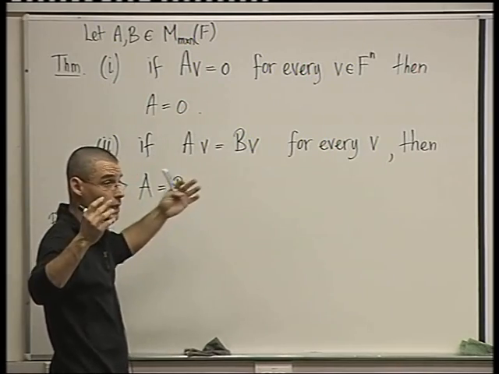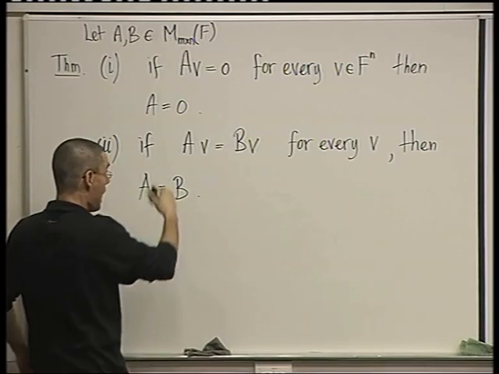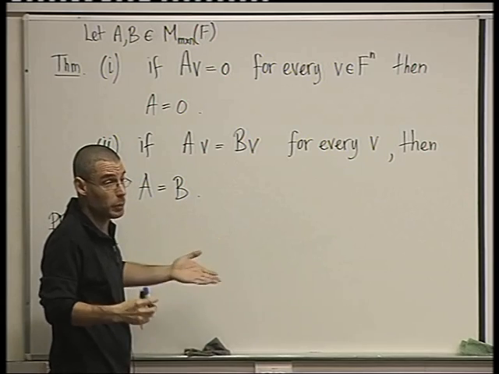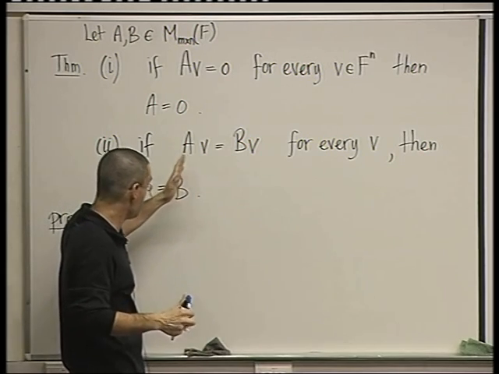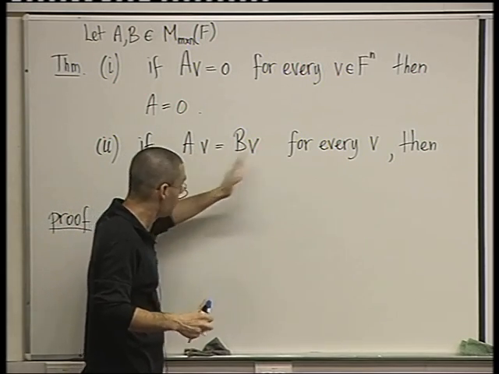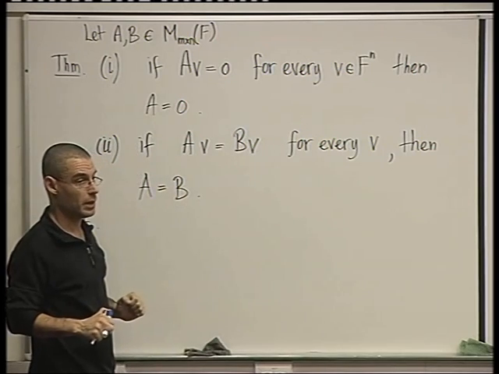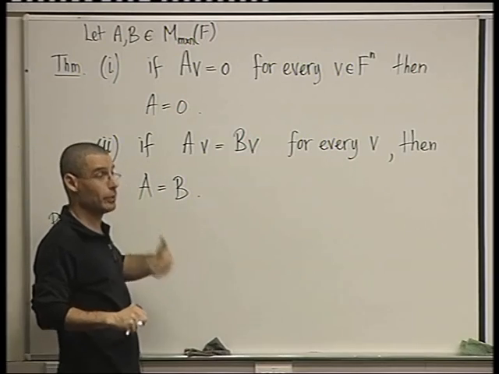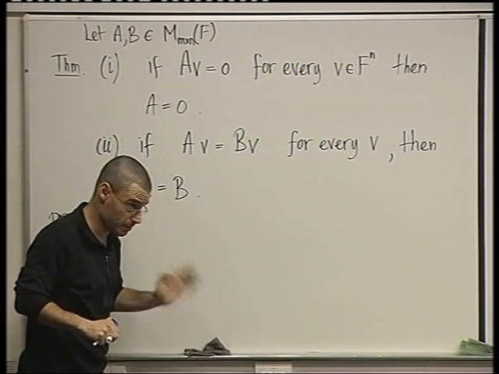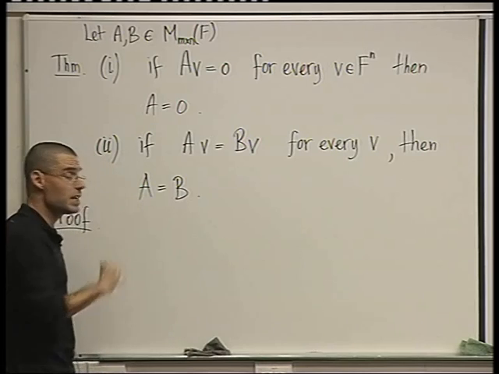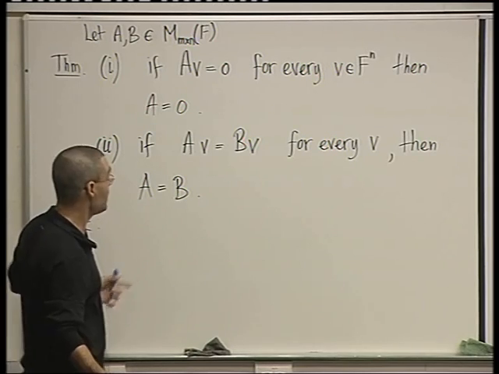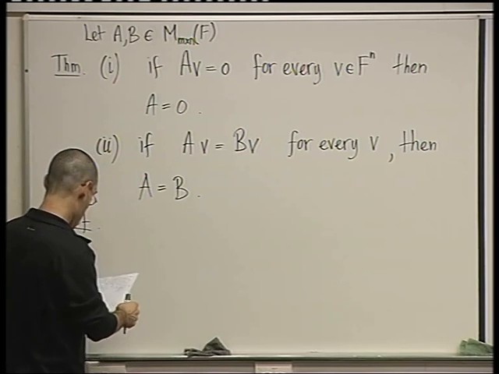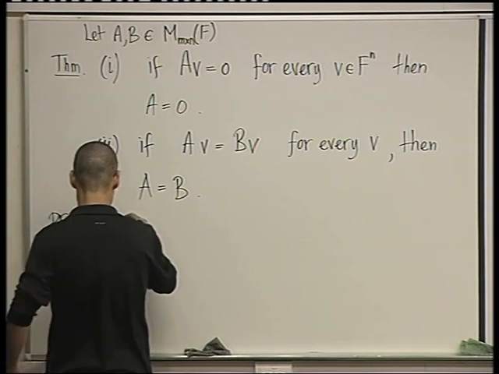They're abstract. A useful way of checking if they're the same matrix is to check if AV equals BV for every V. And again, this is going to make a lot more sense when we talk about linear transformations. I'm hinting at things that are going to come later, but when they do, they're going to sound familiar. So let's prove 1.